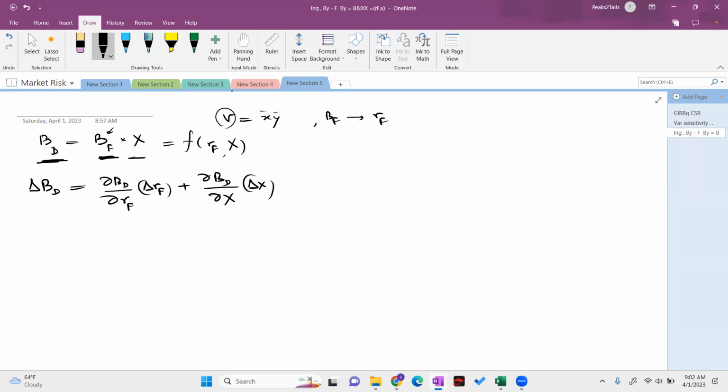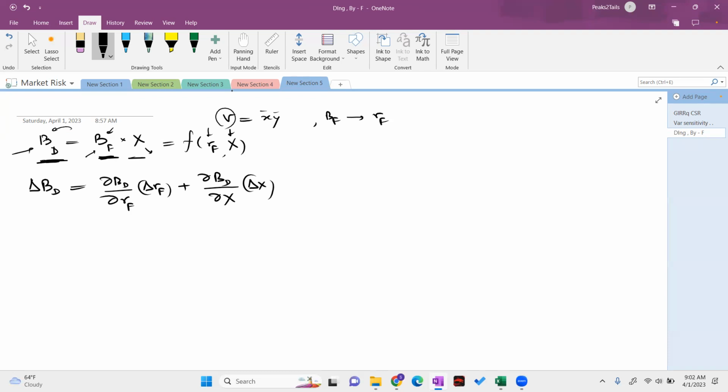This is a bivariate function of two variables, RF and X. Both are changing. The value of the foreign bond can change tomorrow because RF can change, and that drives the change in your value on the books. But the value on your books can also change even if RF did not change but the exchange rate X changed. That will also drive changes to your portfolio.